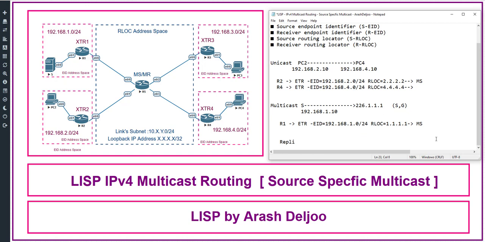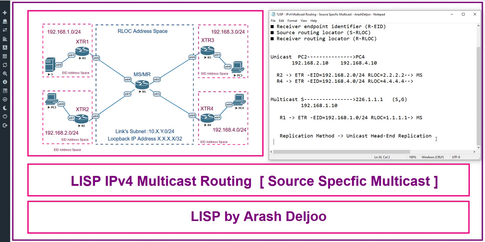Let me write here: replication method. The first is unicast head-end replication. The second replication method is native multicast replication.